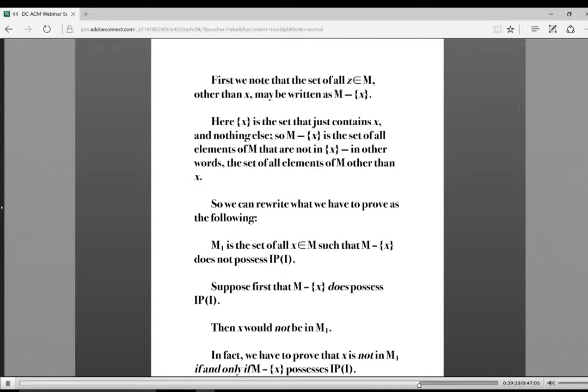M1 is the set of all X in the memory such that M minus the set consisting of just X does not possess the input property. Suppose first that M minus the set consisting of just X does possess the input property, then X would not be in M1. In fact, we have to prove that X is not in M1 if and only if M minus the set containing just X possesses IP of I.